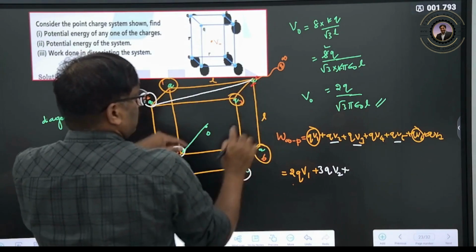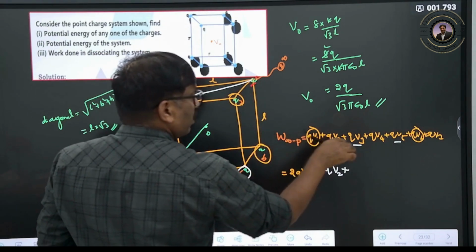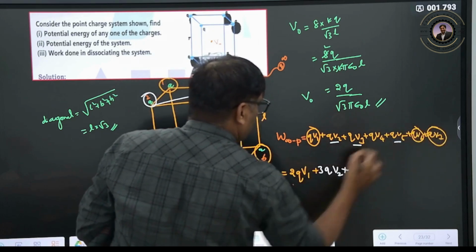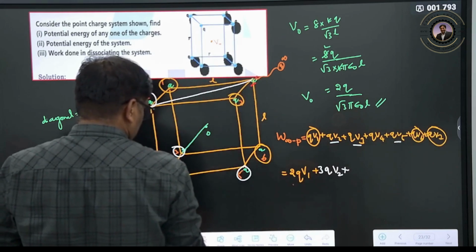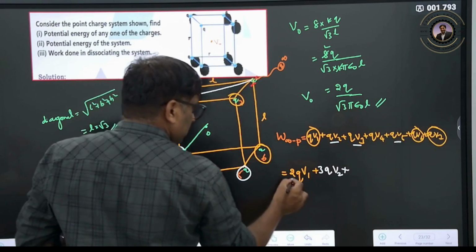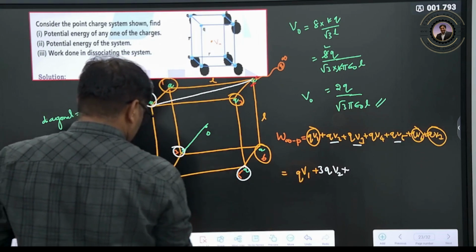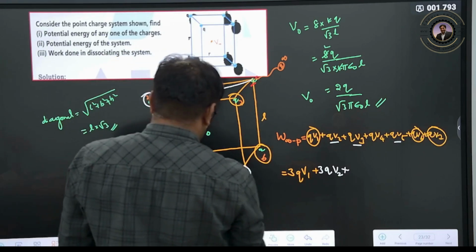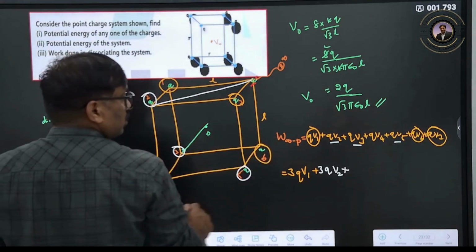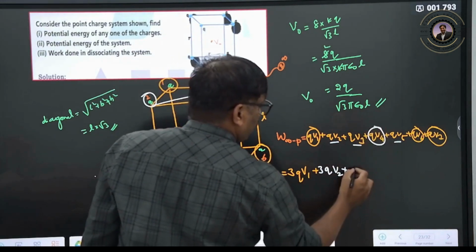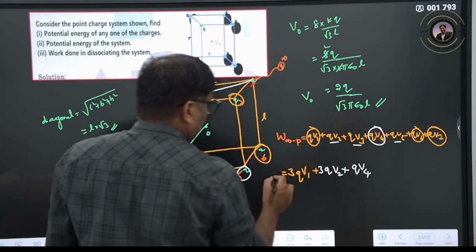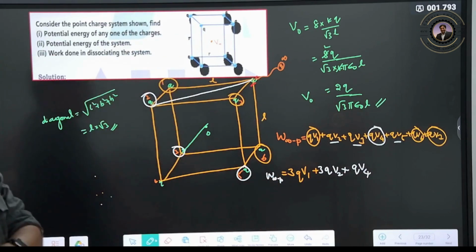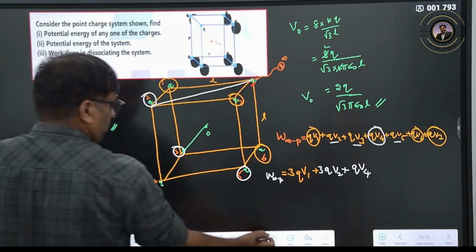So qv1, qv6 and qv7 are the same. Therefore you can rewrite this as 3, and the next one is q into v4. This is your work done to bring it to this point. Clear?